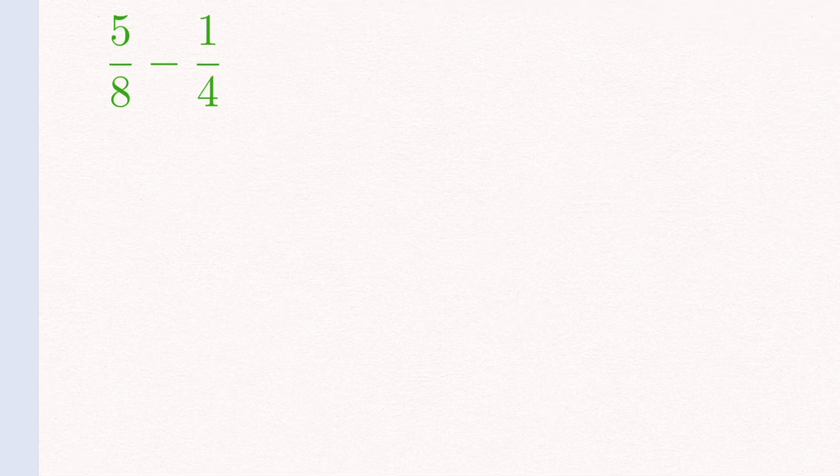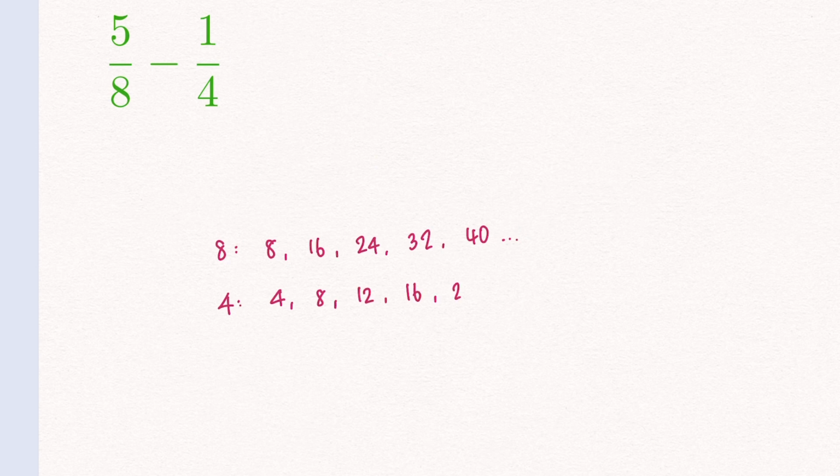Now let's list the multiples of 8 and 4 until we find a common multiple. So I have my 8s. And it goes on. Now my 4s. And so on.